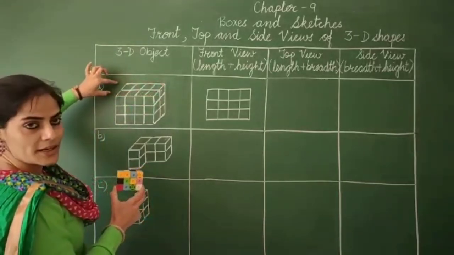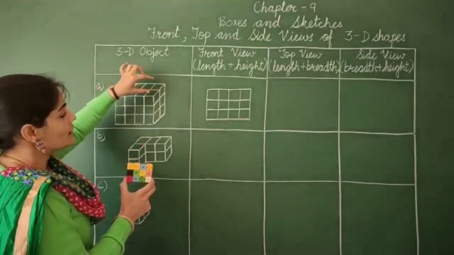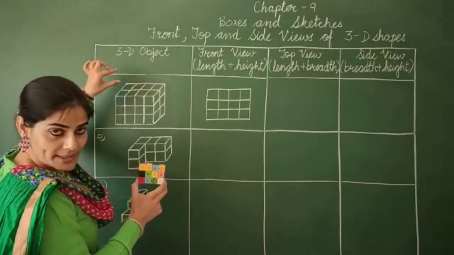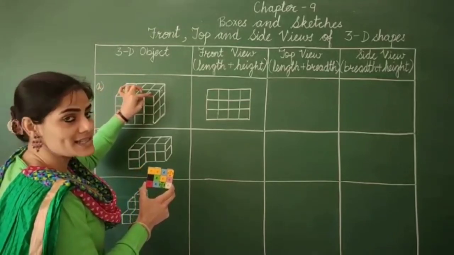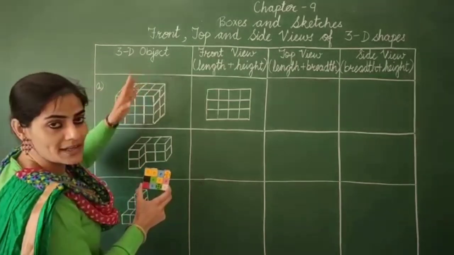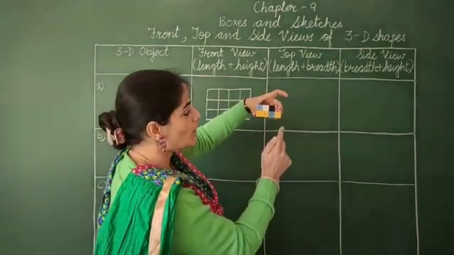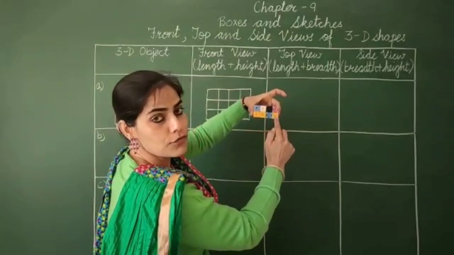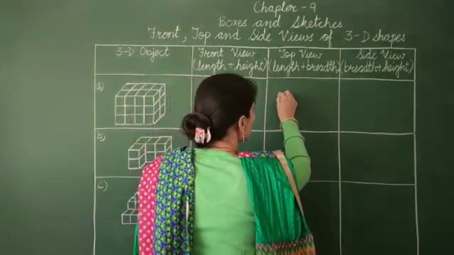Just observe here, everyone. So again from top, what are we able to make out? That it is a rectangle and there are 4 squares like this and 2 squares this way. So this is what you will be able to see from top, a rectangle of 4 by 2. So let's draw the top view, everybody.